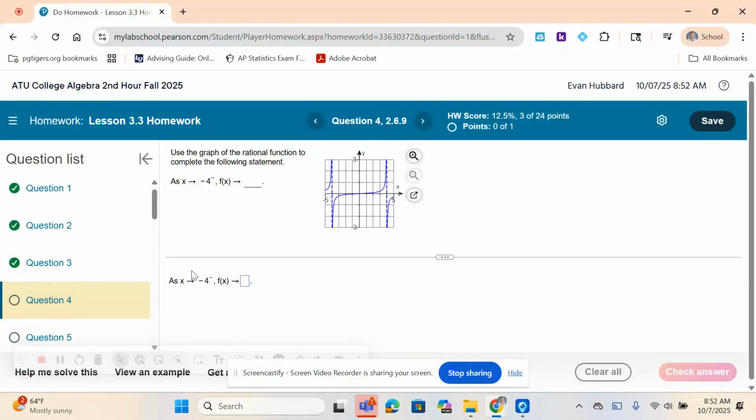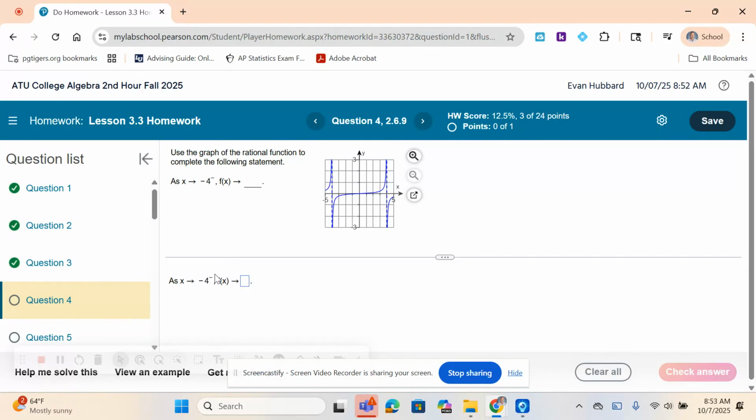Next one, I'm writing it down on the paper, but you don't need to write it down. As x approaches, this arrow means approaches, and this negative 4 means that's the x value, and the minus means negative 4 from the left. So you've got the minus side and the plus side. The minus side means the left.